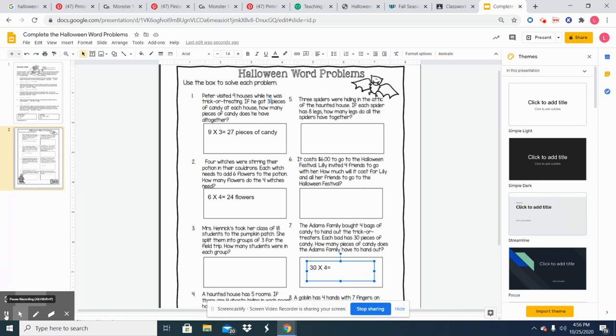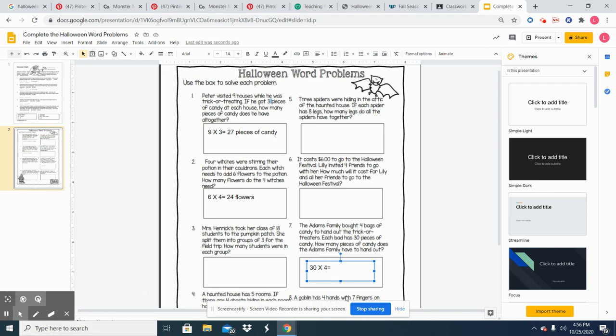So you would do 3 times 4 first. Since it's 30 times 4, if you take out the 0 and just do 3 times 4, that's the same as adding 4 3 times, and you would get 12.